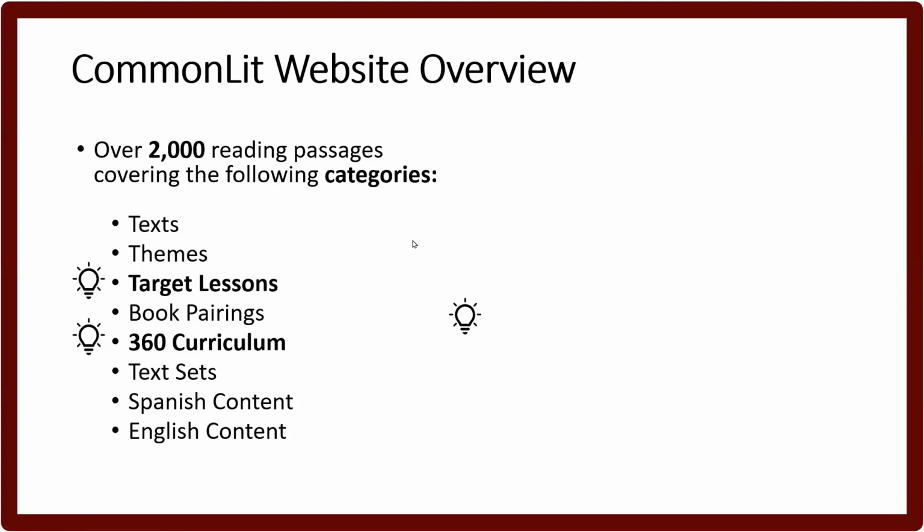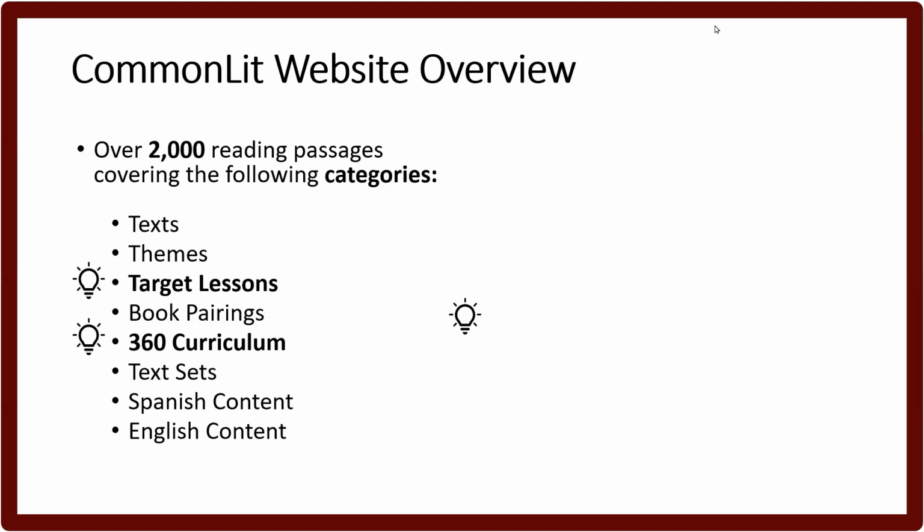You have 8 categories. You've got texts, themes, something called target lessons. And that's why there's a light bulb there, because we're actually going to look at one. Book pairings, 360 curriculum.